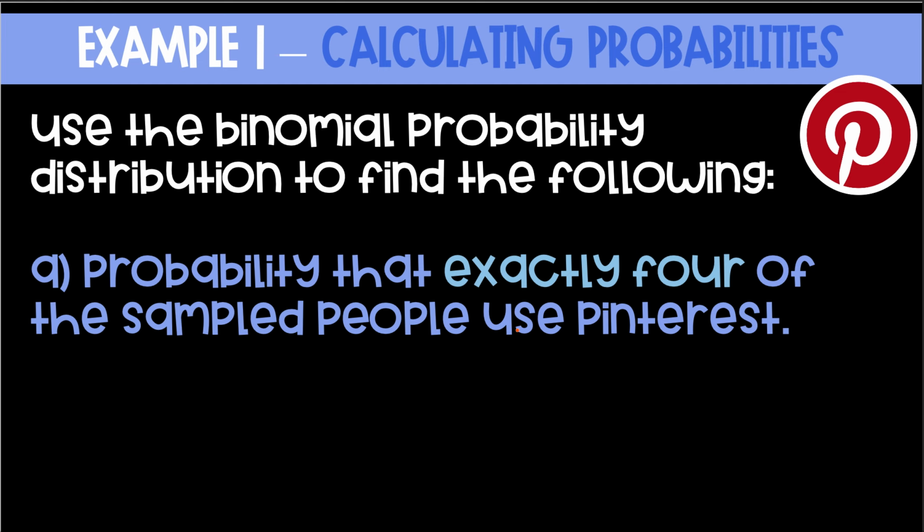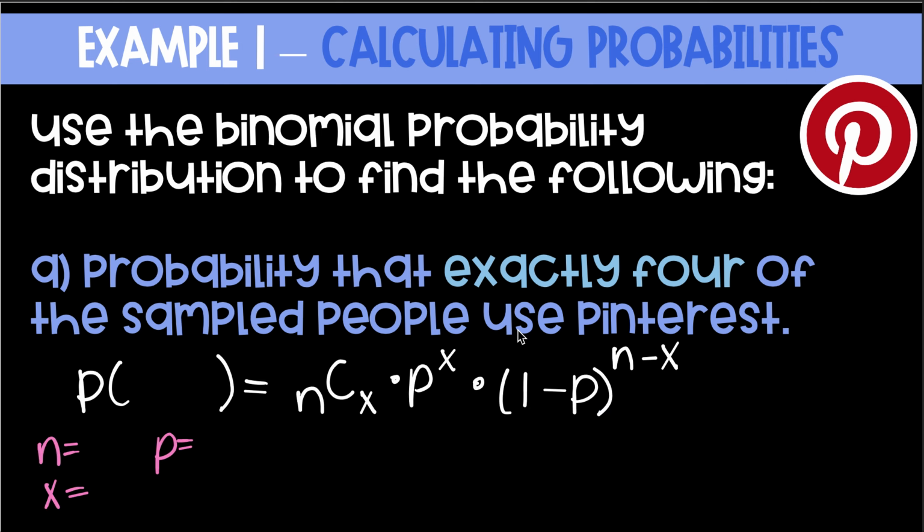Let's use the binomial probability distribution to find the probability that exactly 4 of the sampled people used Pinterest. Our formula for the probability of whatever we're looking for was the combination times p raised to x and so on.